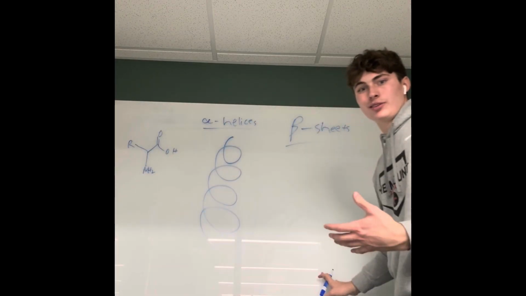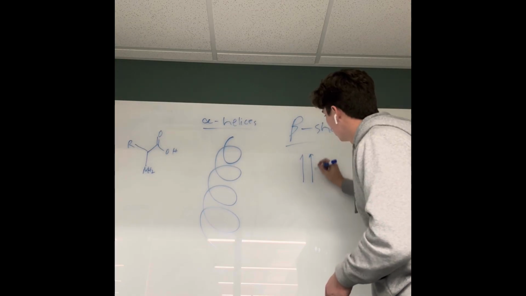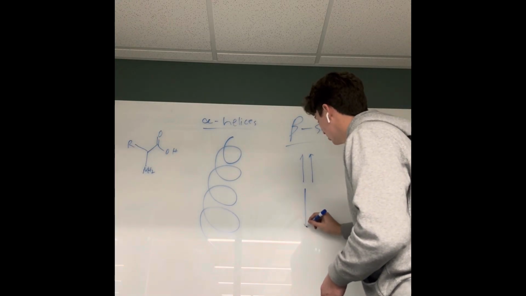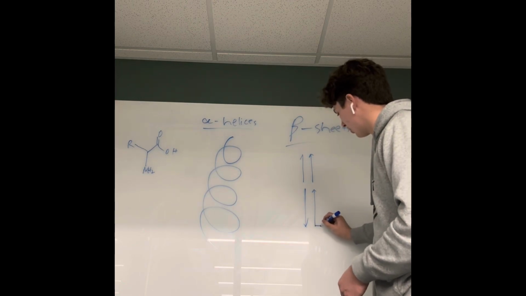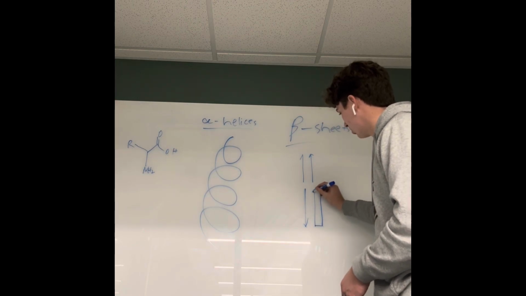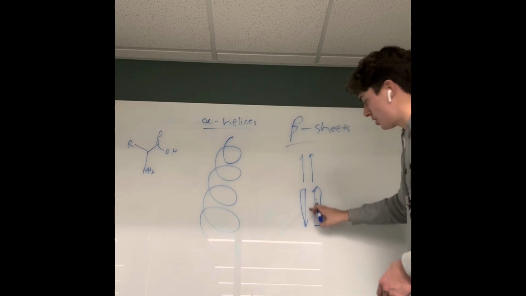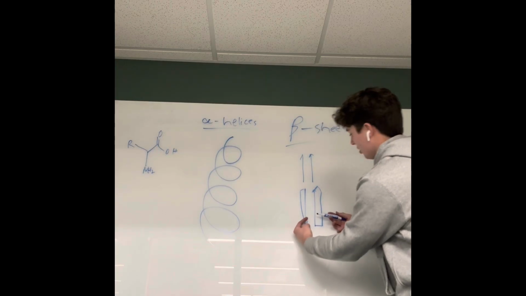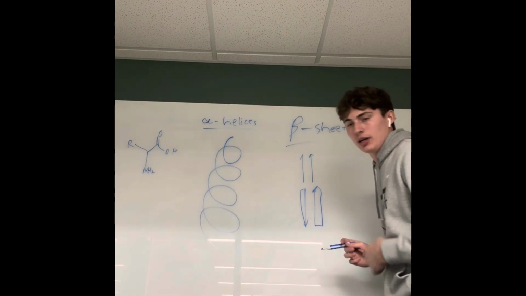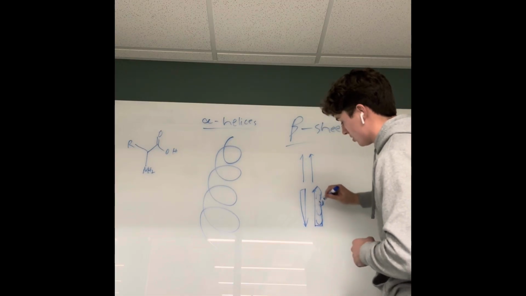Beta pleated sheets can either be parallel or anti-parallel sheets. You can think of them kind of like a block like this, running right next to each other. And so here we're going to have our hydrogen bonds between these neighboring amino acids right here. Because remember, these are all amino acids in here.